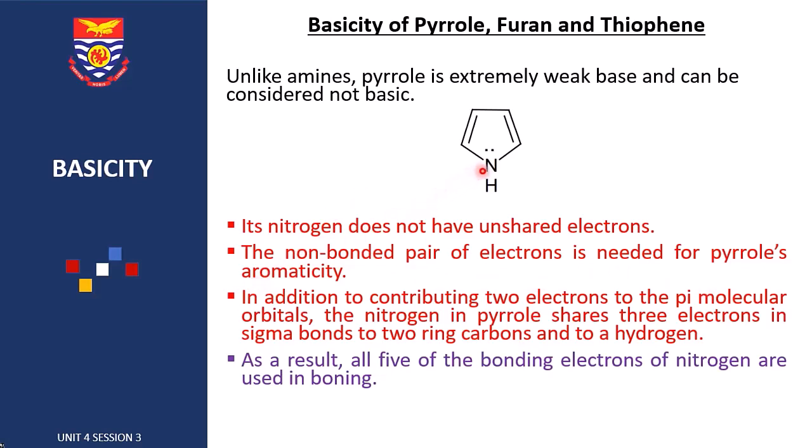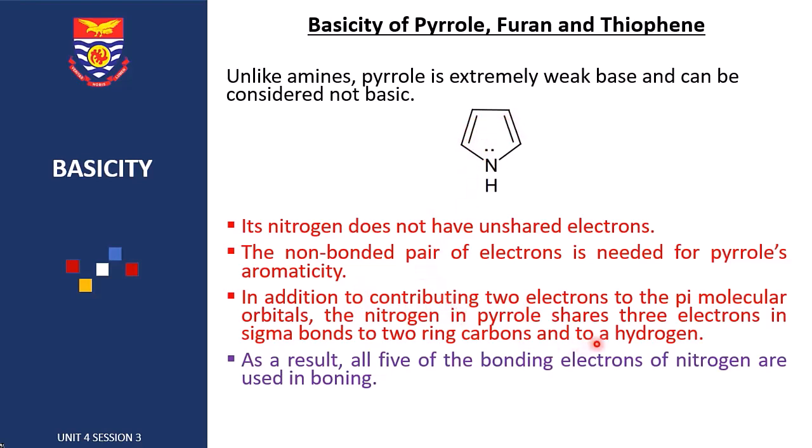So it doesn't have any free pair of electrons to be donated as a Lewis electron pair donor, right? And in addition to contributing 2 electrons to the pi molecular orbital, there are 2 pi electrons here involved in pi bonding.